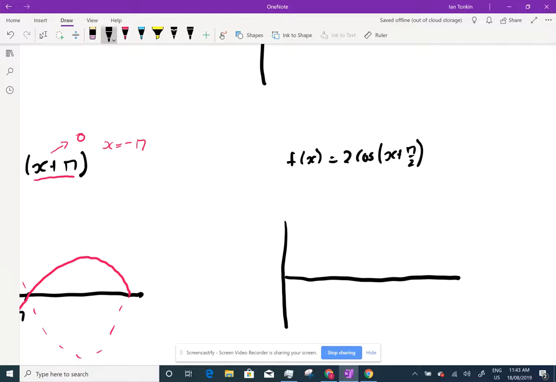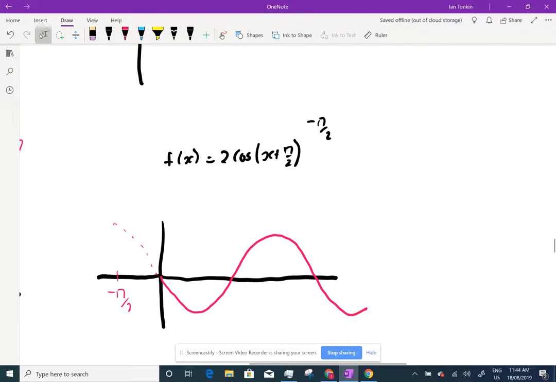But I'm going to shift it to minus pi on 2. So this is where it would normally start, so minus pi on 2. And the cos curve starts up here, and once it hits that, I'm starting the curve. So down, up, down, and let's finish it here. We've got to get a whole curve, and the whole curve is actually there.